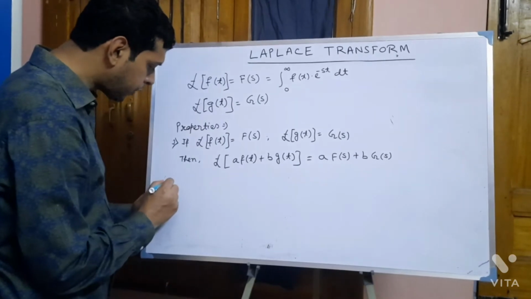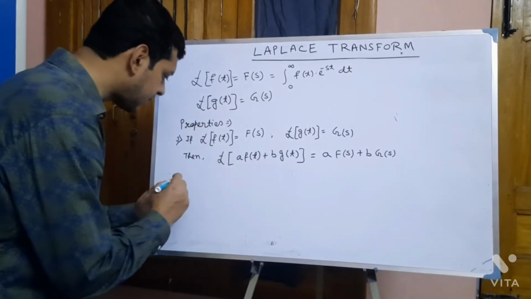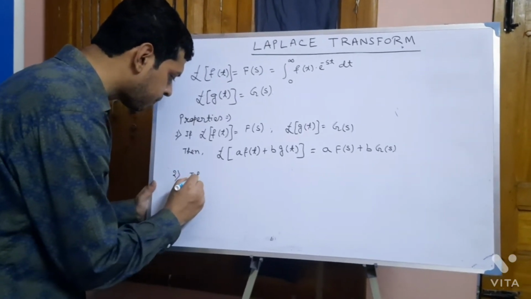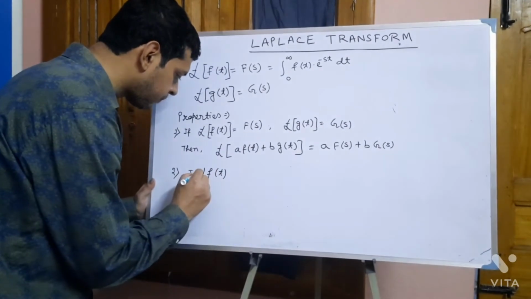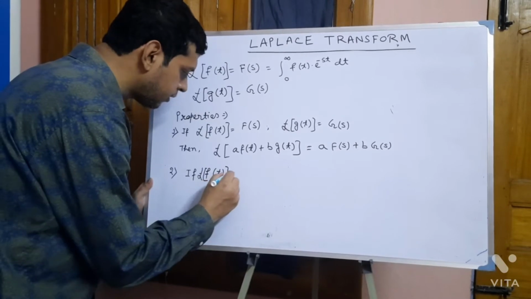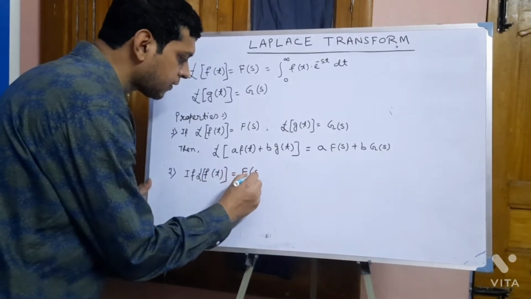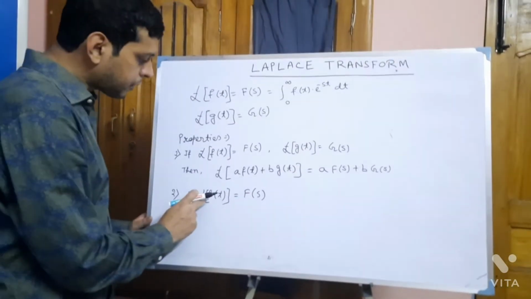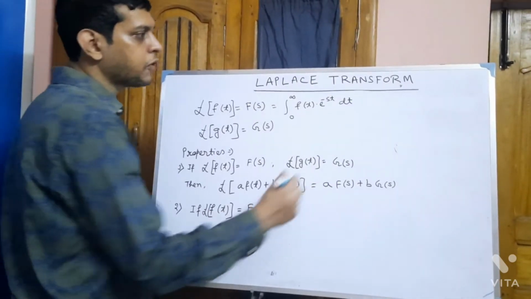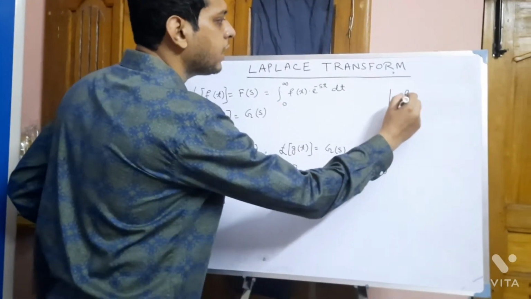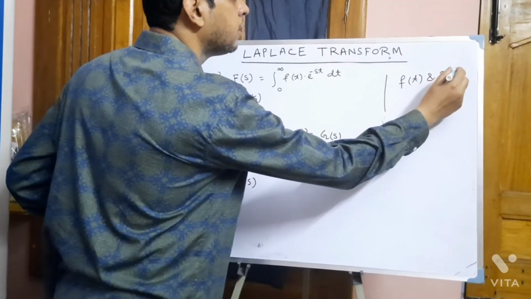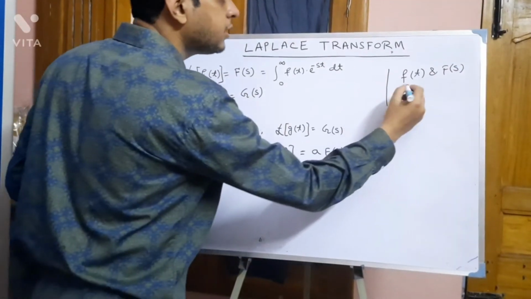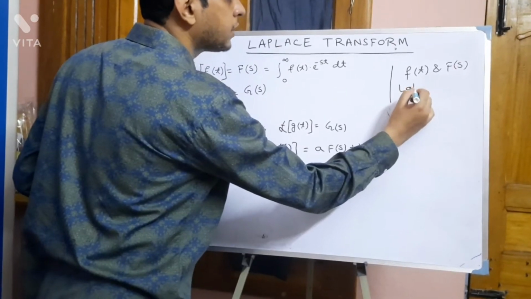Now, property 2 tells us that if the Laplace transform of f(t) is equal to F(s), then f(t) and F(s) are Laplace transform pairs.